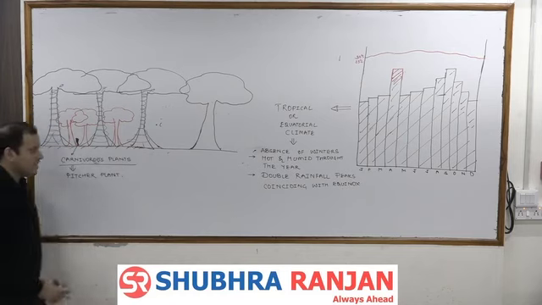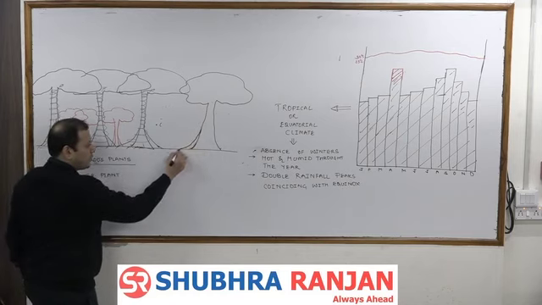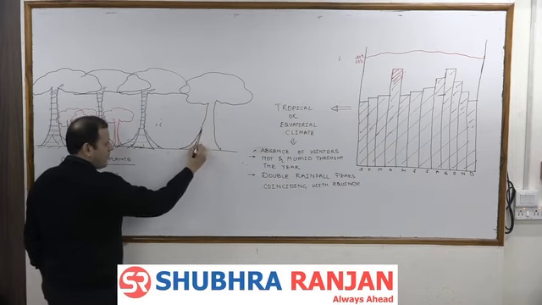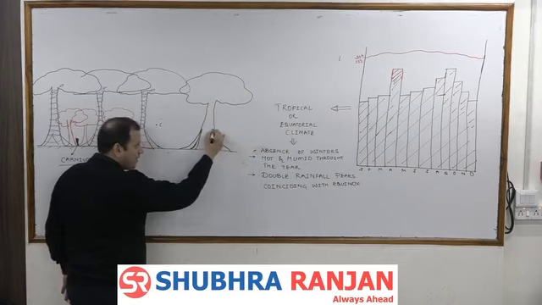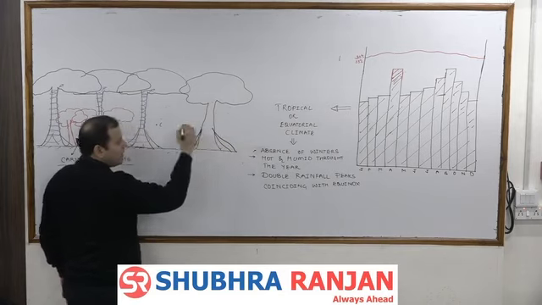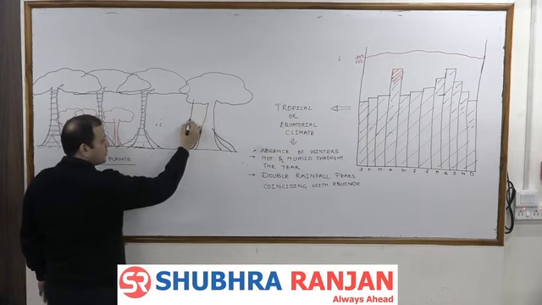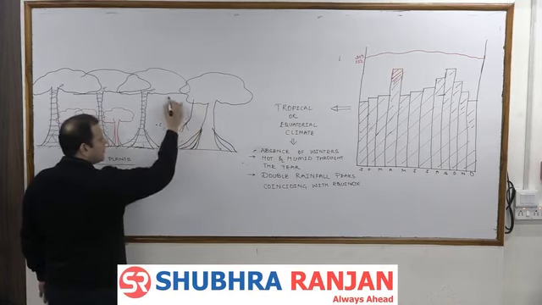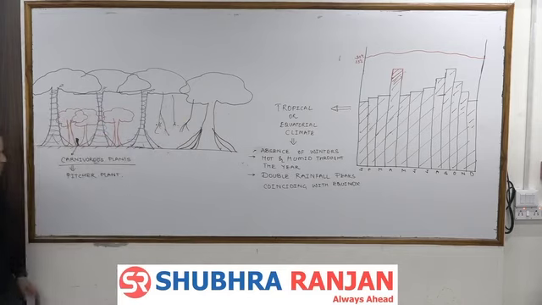So generally these trees have roots which will start branching out from the top. They will have a deep root system, but the roots, like a banyan tree, will be very widespread, or they will have a false root system.